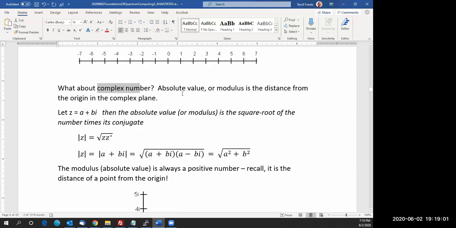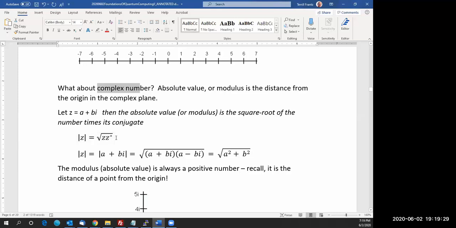And so if I had a complex number a plus bi, the absolute value, or again, the modulus, is essentially the square root of the number times its conjugate. So to calculate it, it's the square root of the number z times the conjugate, z star.